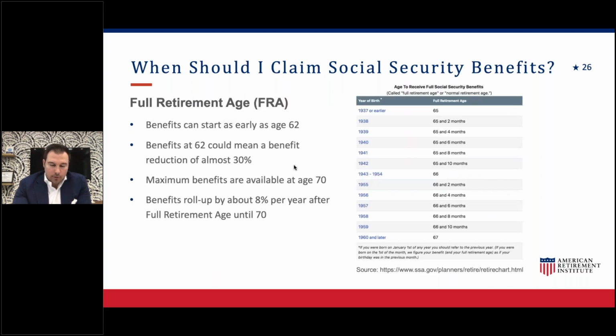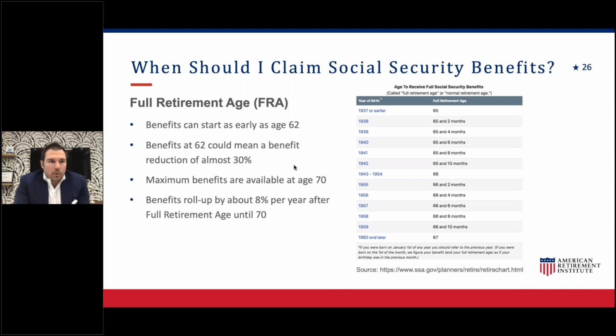When should I claim Social Security? Well, if anybody knew when to claim, then you would probably be a trillionaire if we could give everybody that answer. But we don't know when we're going to pass away, and that's one of the biggest things to try to figure out the best you can: your life expectancy. How long are you going to live? There is not a standard answer as to when is best to take Social Security for everybody, because everybody's lives are different.